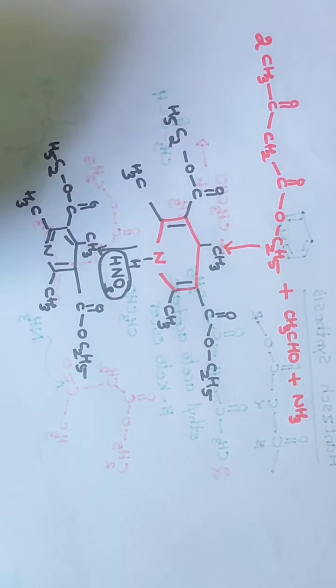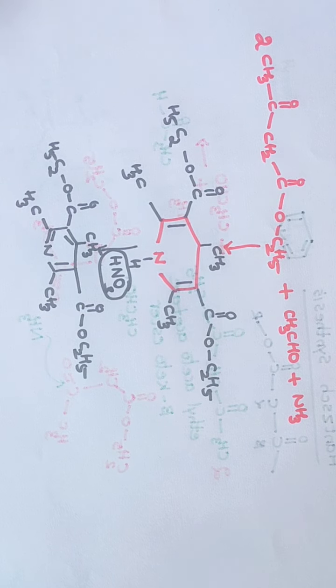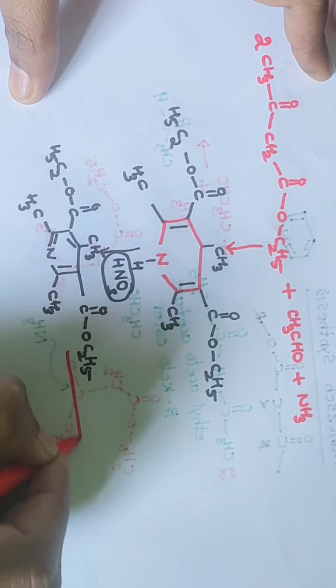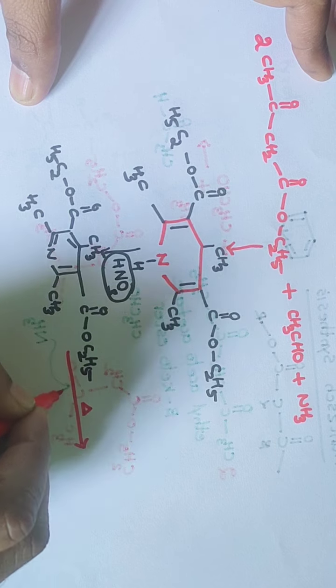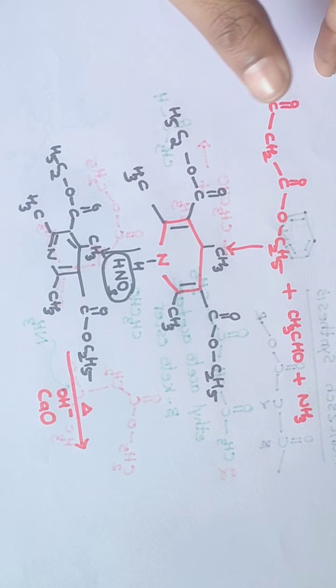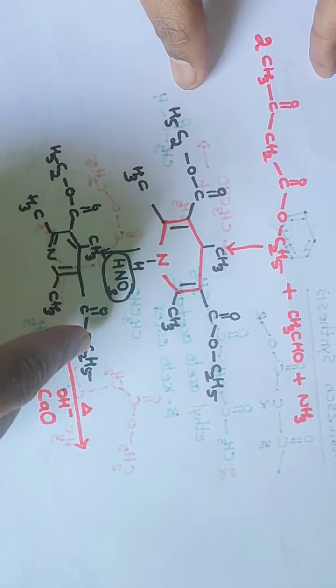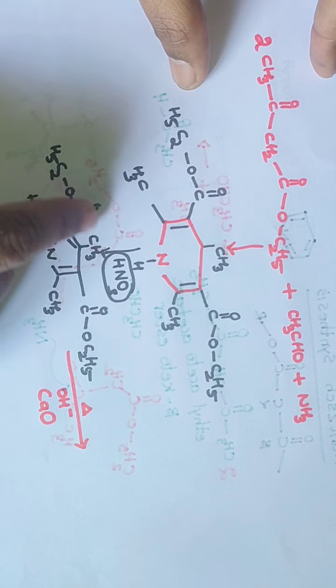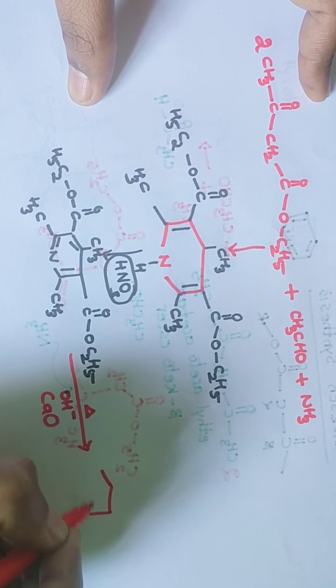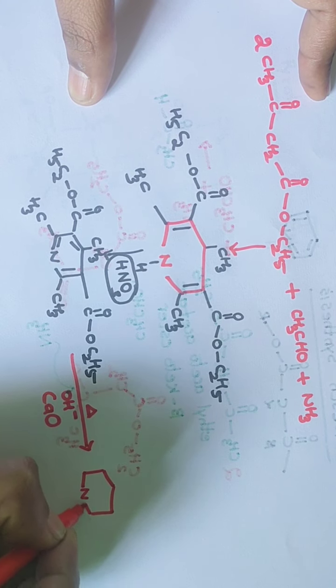This is the pyridine that you are going to get. So if you heat this molecule in the presence of a base, OH minus and calcium oxide, a decarboxylation will take place, with loss of CO2, and you end up getting this molecule.